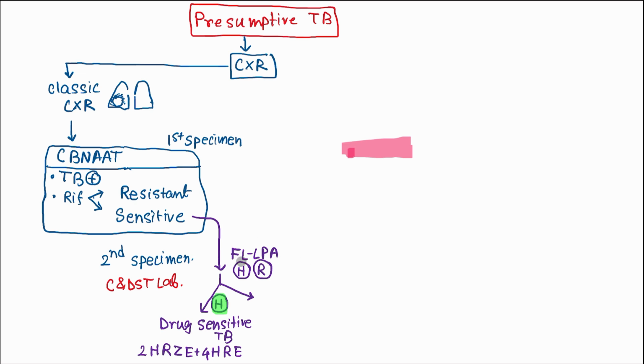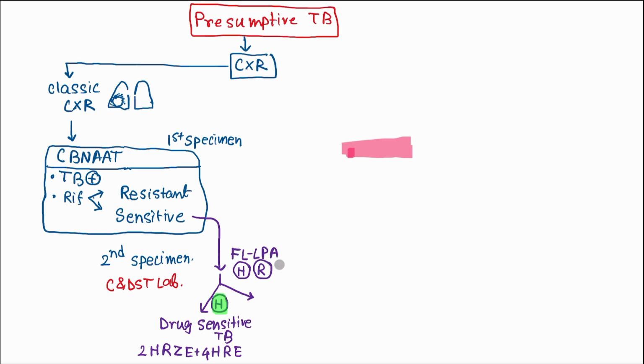FLLPA means first line probe assay. So don't forget, the first specimen goes for CBNAAT. If it is sensitive, they send the specimen to the CDST lab for your FLLPA, which is your first line probe assay.